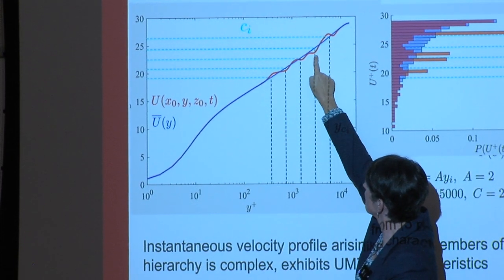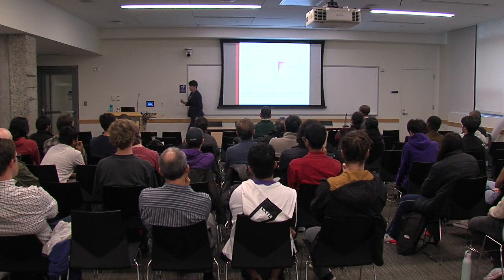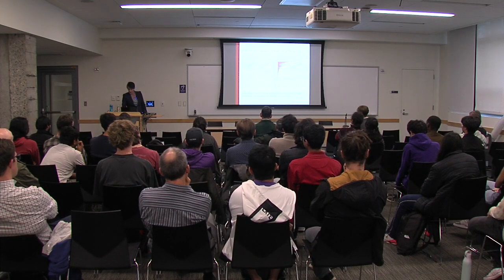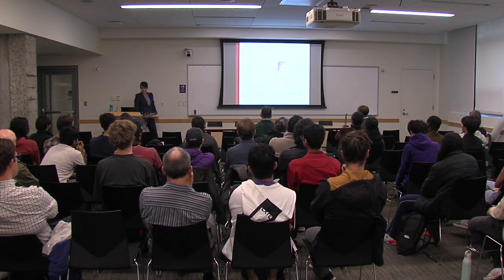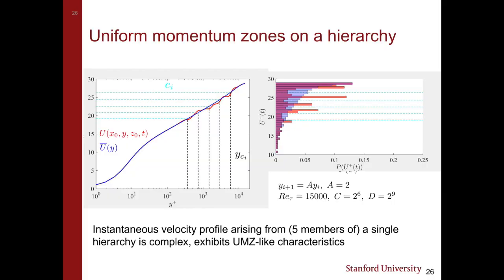And if you watch closely, you'll see that these move downwards. They move towards the wall. So let's play that one more time. Okay, so you see each of those red wiggles moves down towards the wall. Okay? You don't see that unless you look in space-time, and you see it very cleanly with these hierarchies.